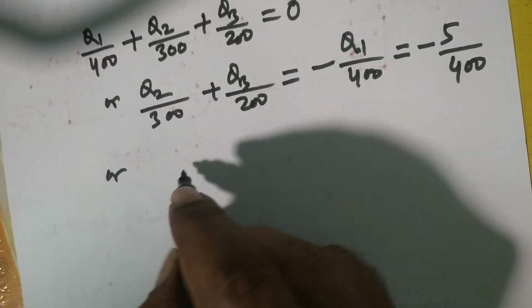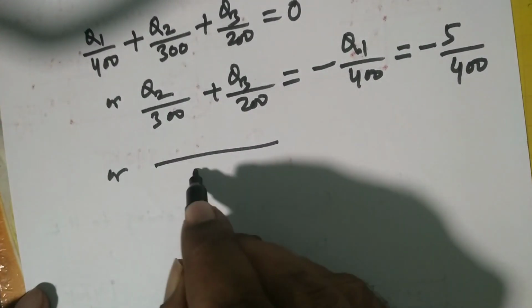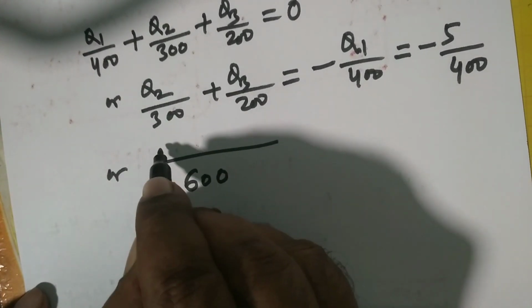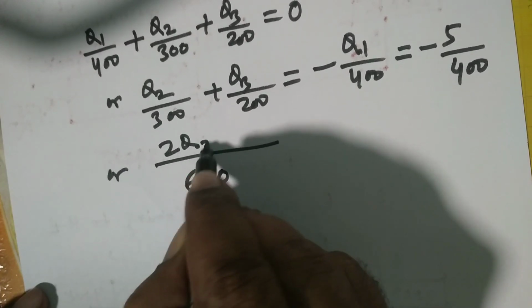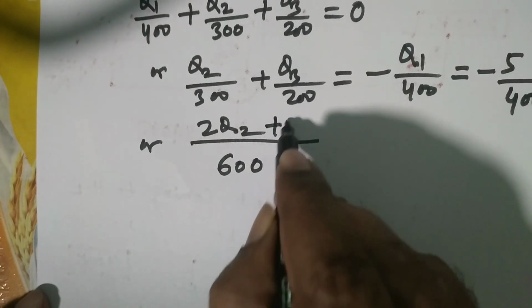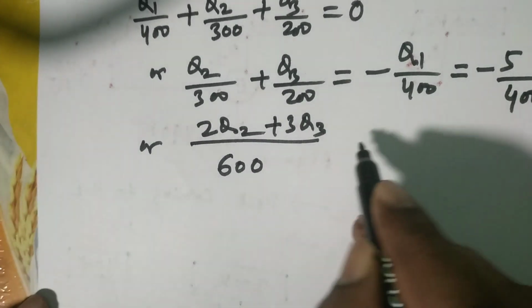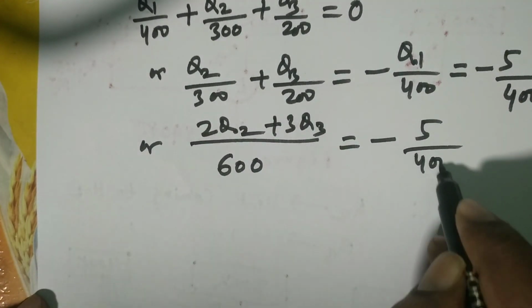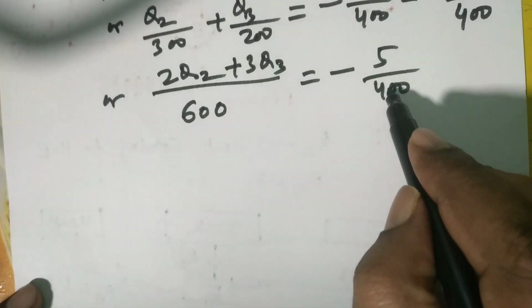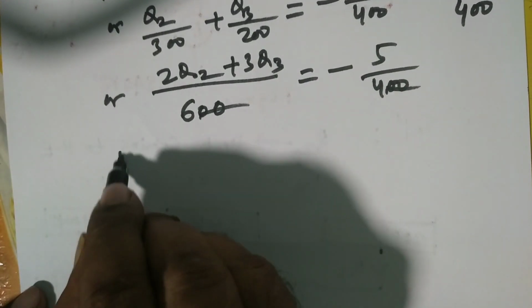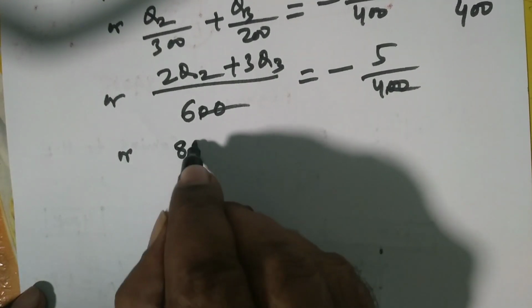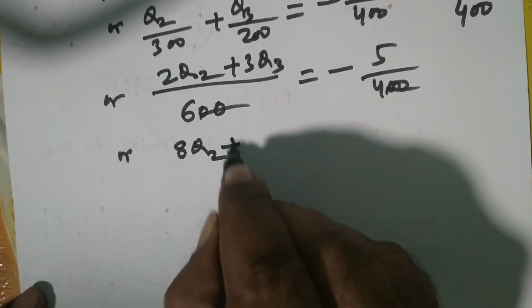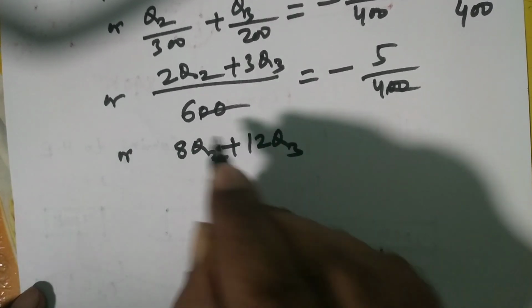On equating, this is 600, so 2Q2 plus 3Q3 equals minus 5 by 400. So this becomes 8Q2 plus 12Q3 on cross multiplication.